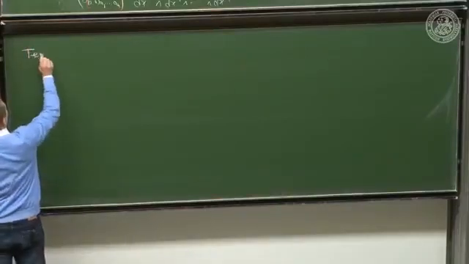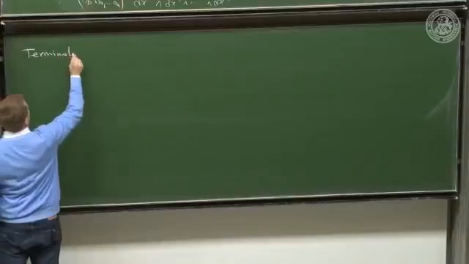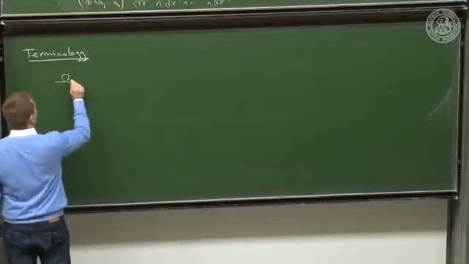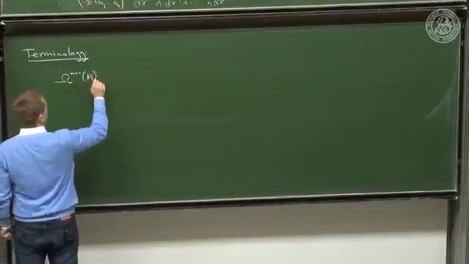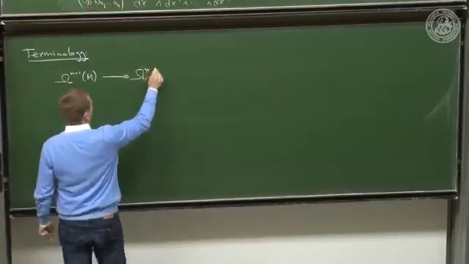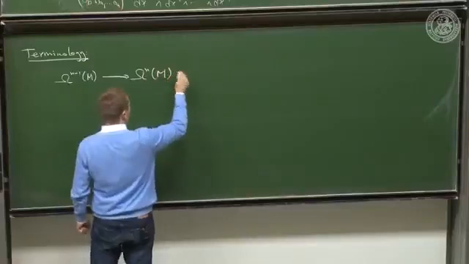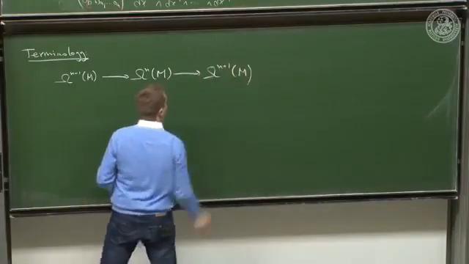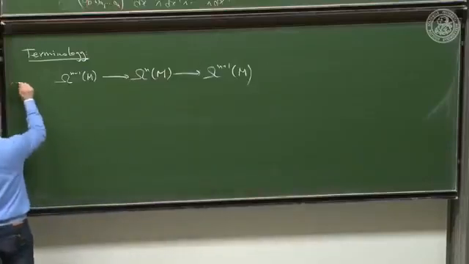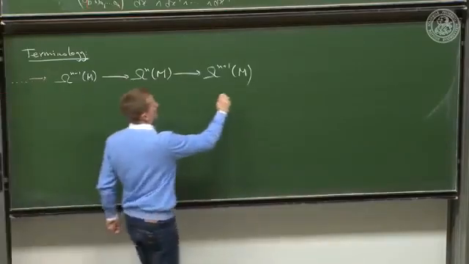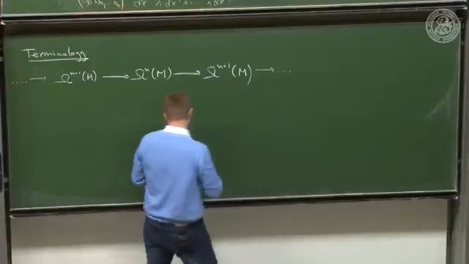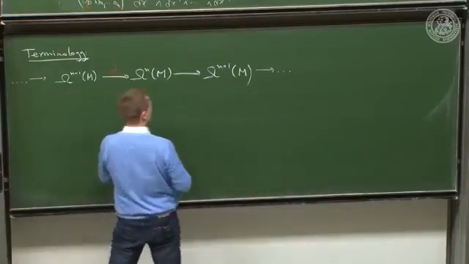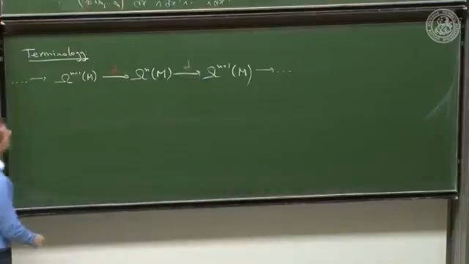Well, it's just terminology. So we look at omega n minus 1 of m, omega n of m, and omega n plus 1 of m. We look at these three spaces as parts of this sequence, and we have the red D here and the green D here.